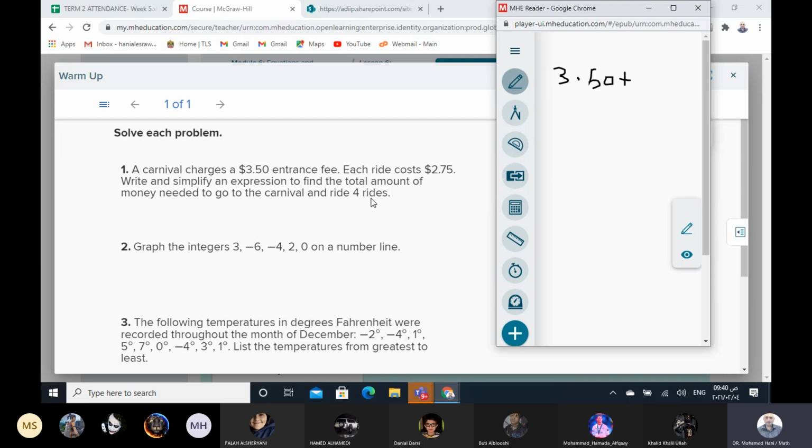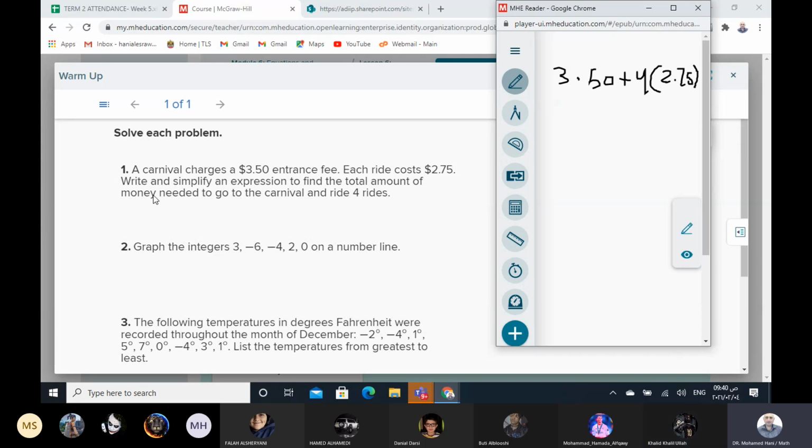And how many rides do we have? We have 4 rides, so multiply 4 by the cost of each ride, 2.75. This is the expression.